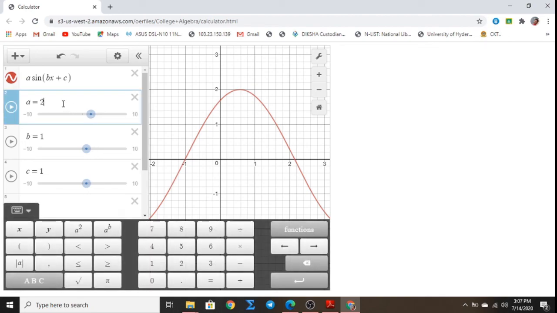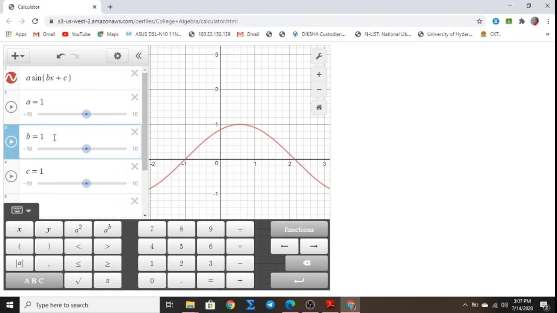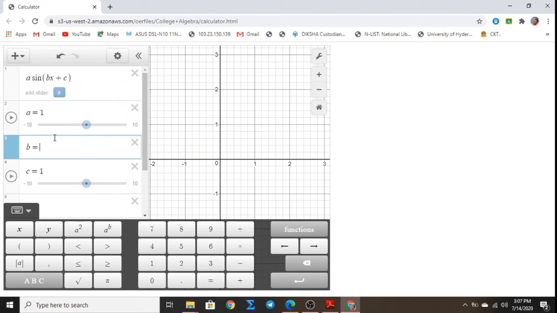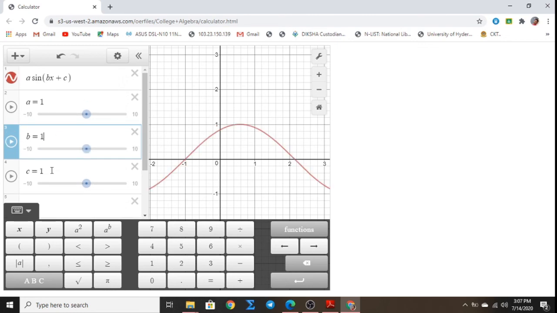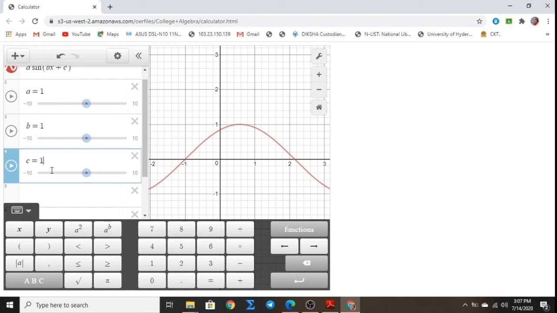So this is amplitude, and I want to make a simple sine function whose amplitude is 1 and whose period is again 1, and then c means the shift of that graph. See here, it is shifted somewhere. If I take it as 0, then it becomes our normal sine graph.